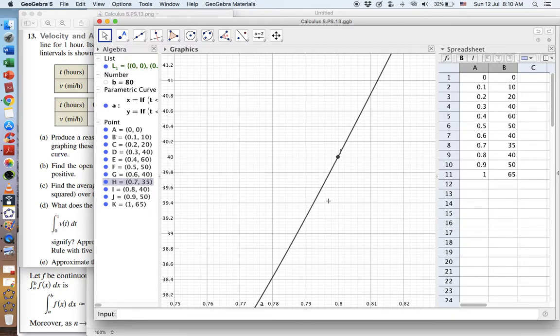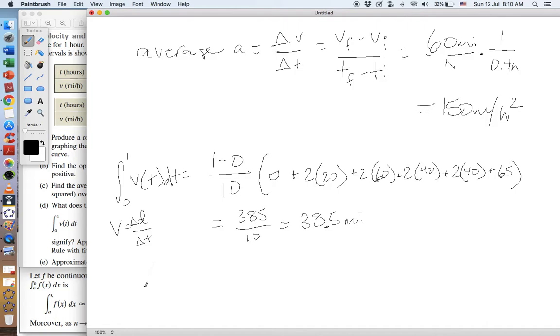Well, I like to zoom in as close as possible, and so I'm going to say that the acceleration, remember, if our average acceleration is equal to delta v over delta t, so if we want to get a point approximation, we're going to do basically the same thing. We're going to say a is equal to v, I'm going to say 0.81, that's our ending velocity, minus 0.79, that's our starting velocity, and then our change in time is 0.02.